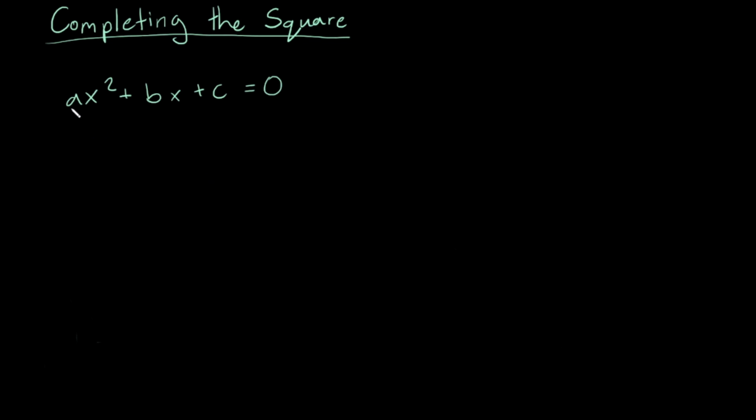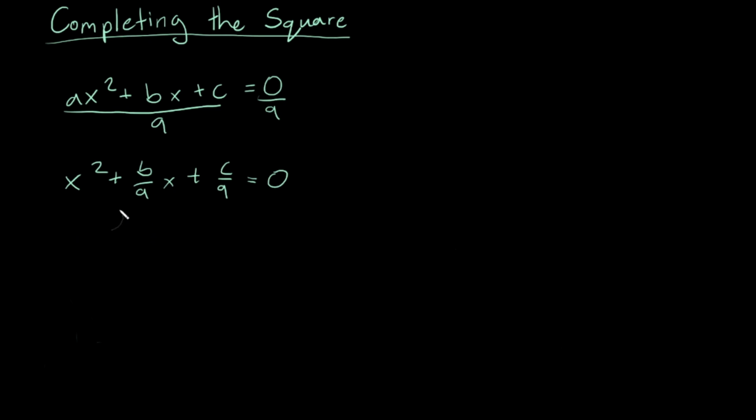In this case, we have a as our coefficient and we want it as 1. So we'll divide all terms by a, and we'll divide 0 by a as well. Now this leaves us with x squared plus b over a x plus c over a, still equal to 0.